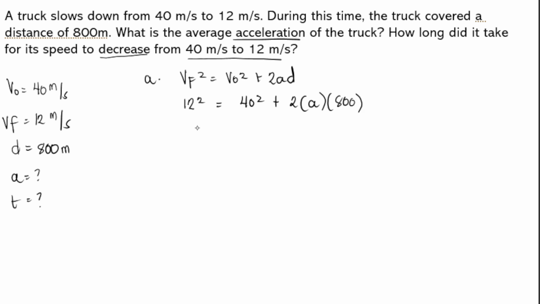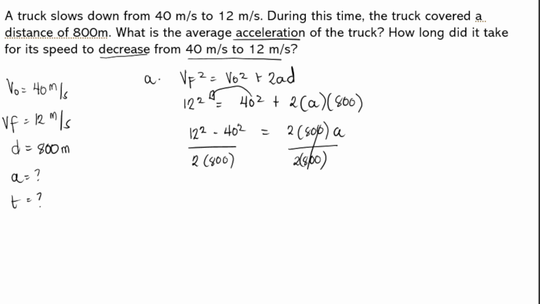Then we have to move this value to the side: negative 40 squared equals 2 times 800 times a. To simplify the expression, we need to divide both sides by 2 times 800 in order to get the acceleration.